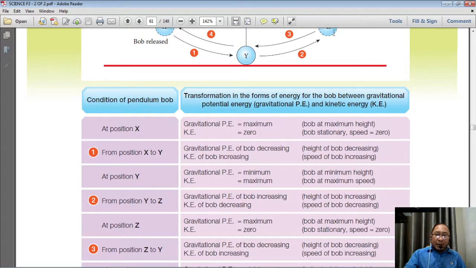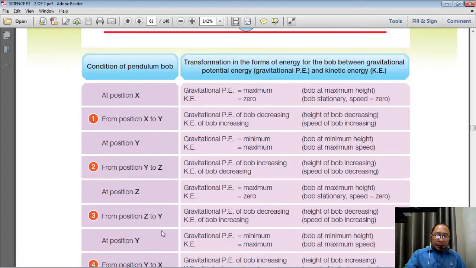After that, this pendulum bob will move back to position Y, from position Z to Y. The explanation is that gravitational potential energy will be converted to kinetic energy, and that makes the pendulum bob move from Z to Y. So what happened to the quantity of the energy?